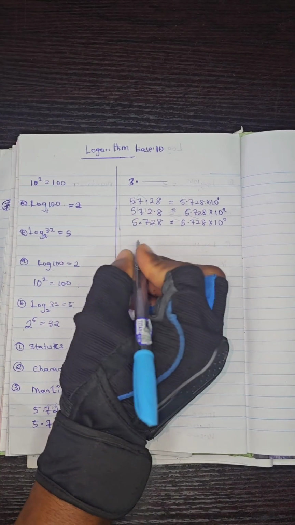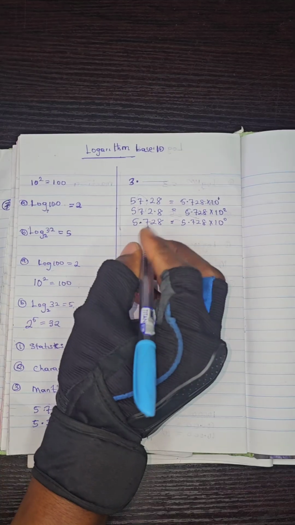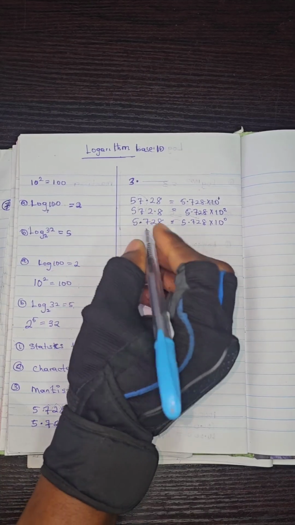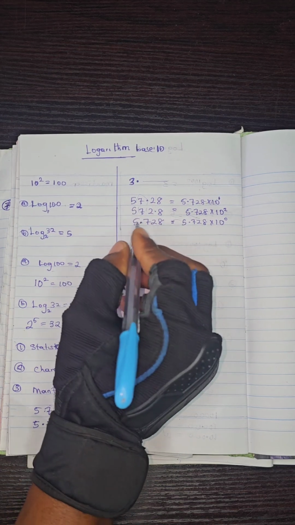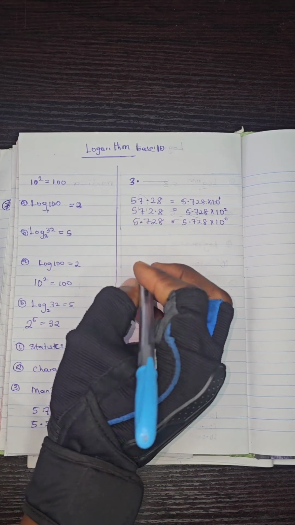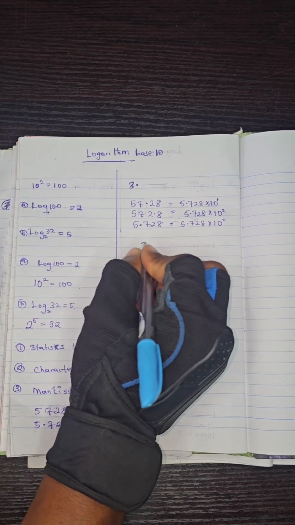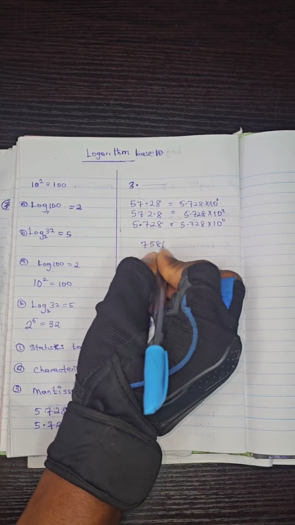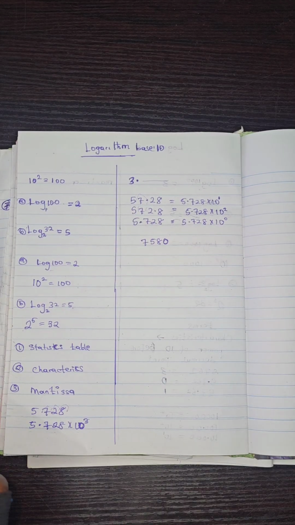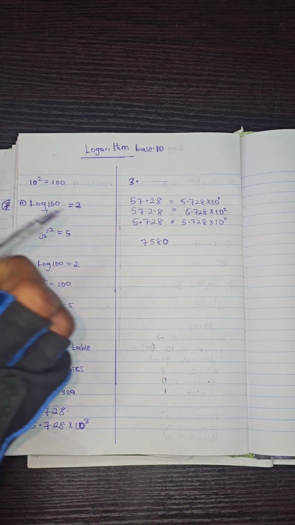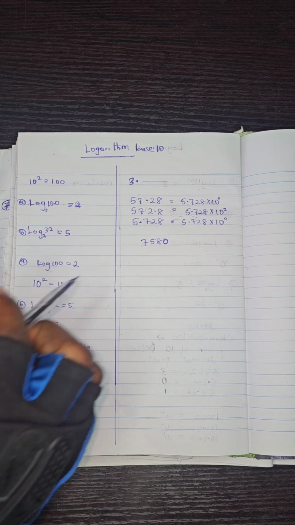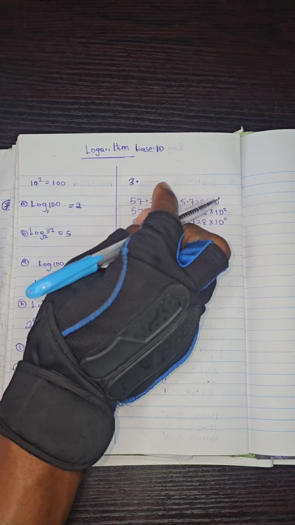So, if you are to use the real number, the logarithm of this 4-digit, I didn't pick any of the numbers, just 5728. The logarithm will give you 7580. Mind you, this is what you will get here, here, and here. But there is only one thing that will make it different. What is it? The characteristics.